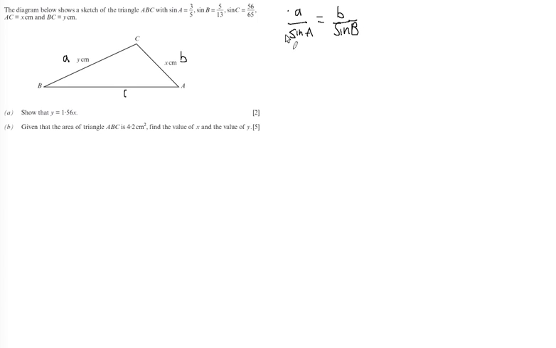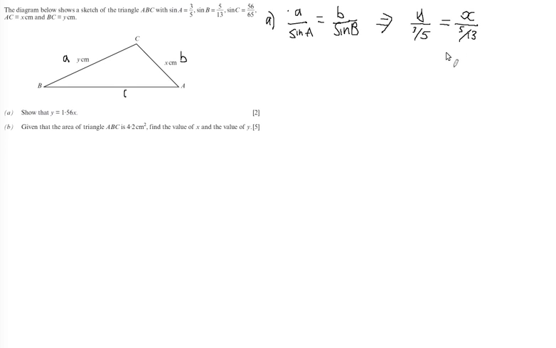Okay, so when I substitute the values that I know into this formula, a is y, over sine of A, which is 3/5, and this is equal to b, which is x, over sine of B, which is 5/13.